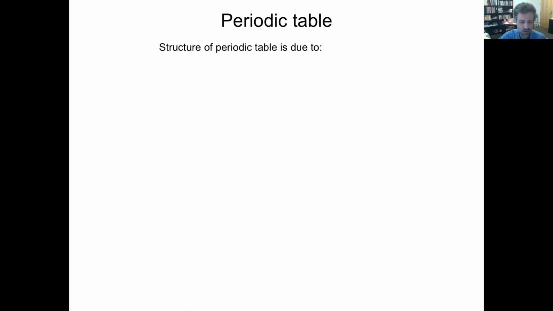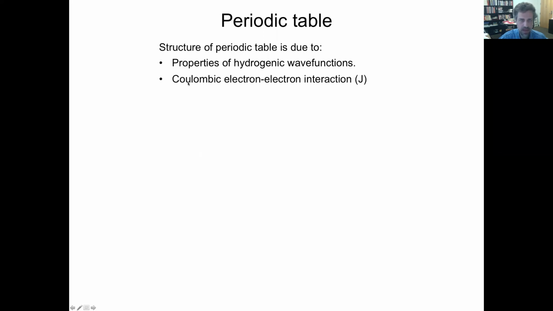Because all of this, of course, pertains to understanding how electrons are organized in the orbital states that we have for each of the elements, right? So we already know that the properties of the hydrogenic wave functions are key. Okay, so that basically gives us the template, the blueprint of how the orbital states are organized. Then we have the Coulombic electron-electron interaction, which lifts the degeneracies.